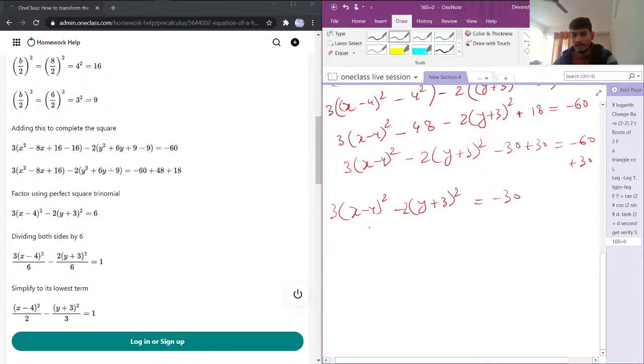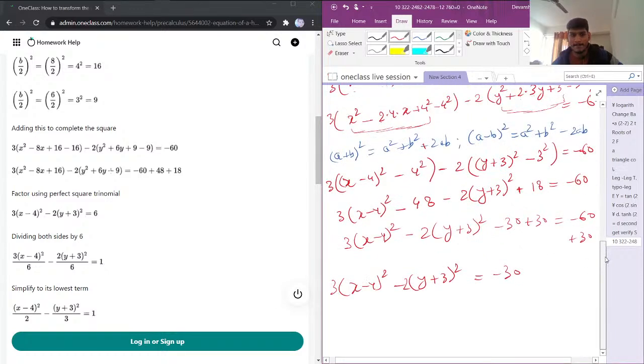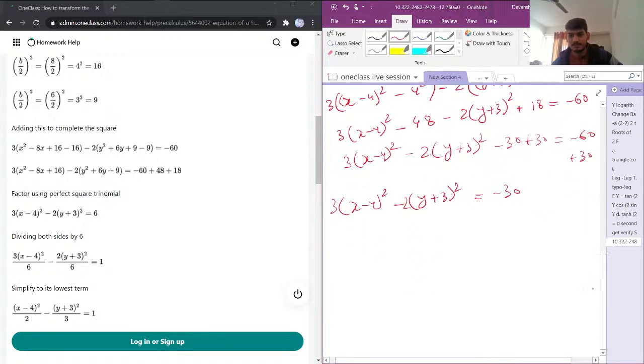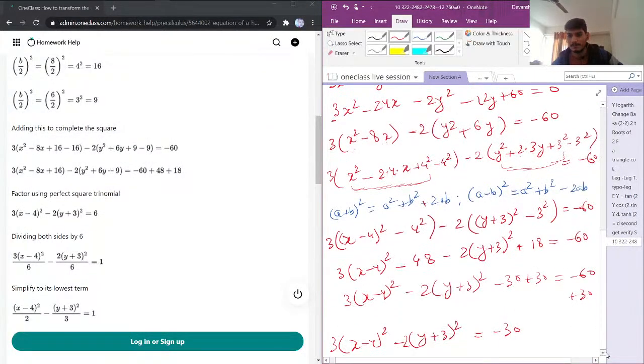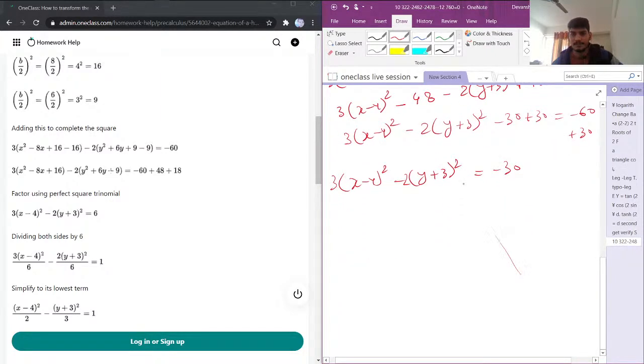Now I will divide both the sides by negative 30.